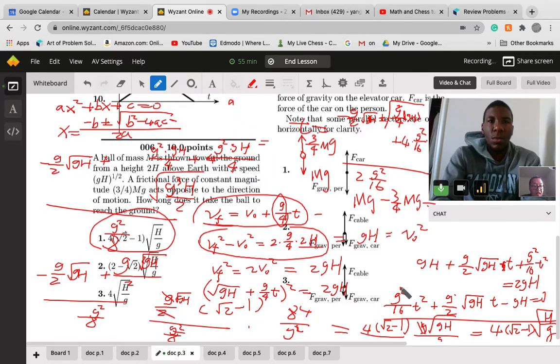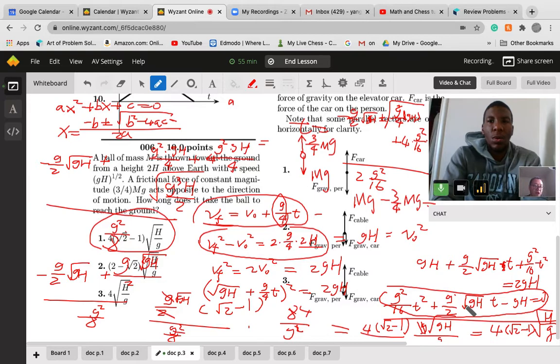That's this equation: g squared over 16 times t squared plus g over 2 times square root of gh times t minus gh equals 0.